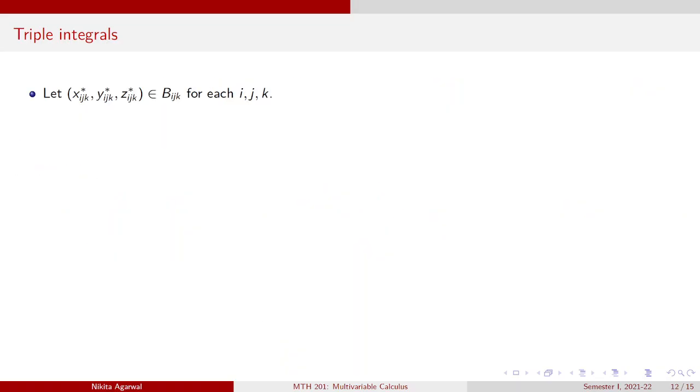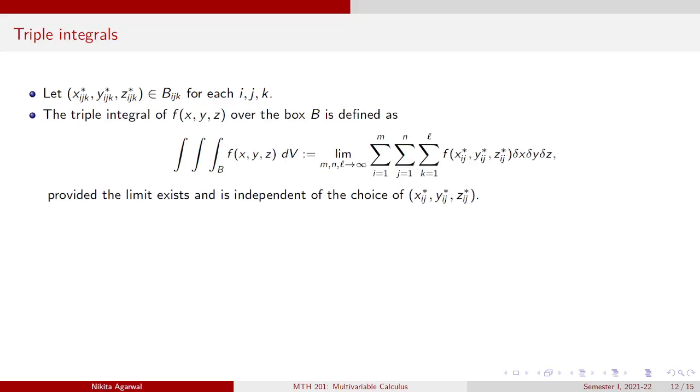Now you take a point in the box, and you define the triple integral to be a triple sum, because all of i, j, k are varying. You evaluate f at the point times the volume of that box, right?